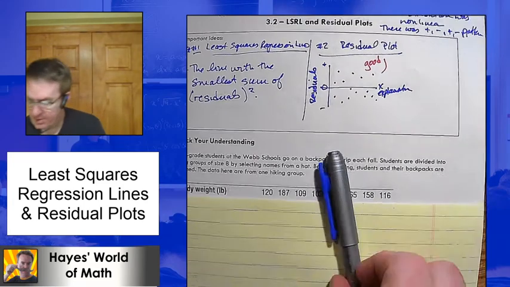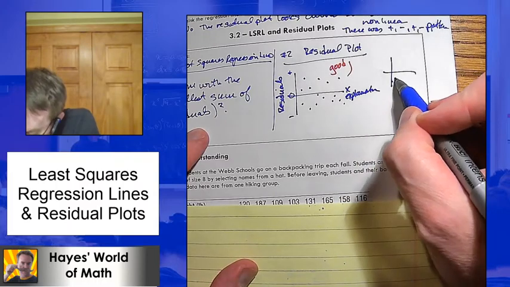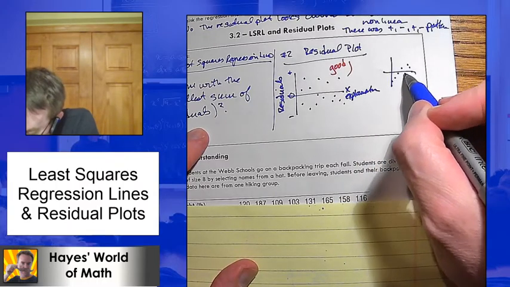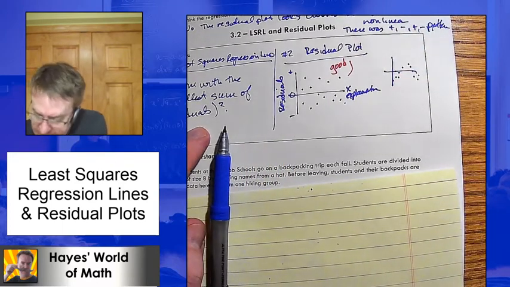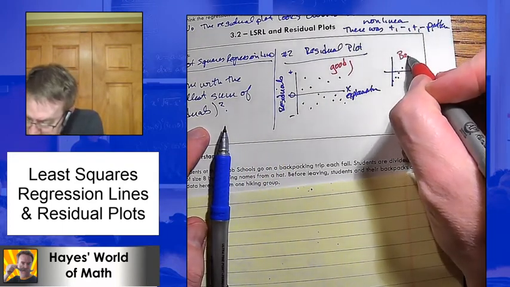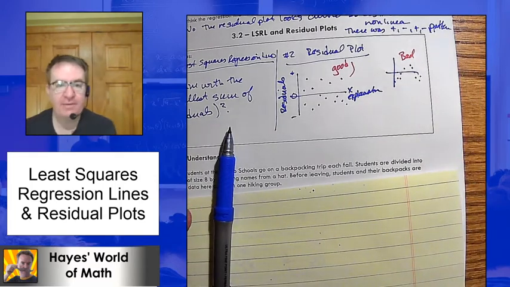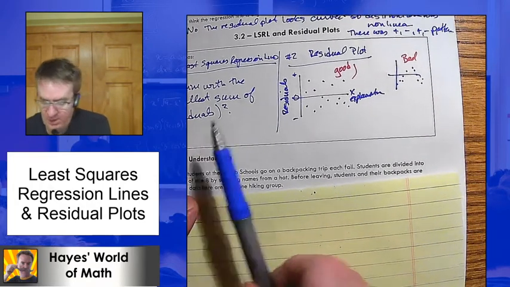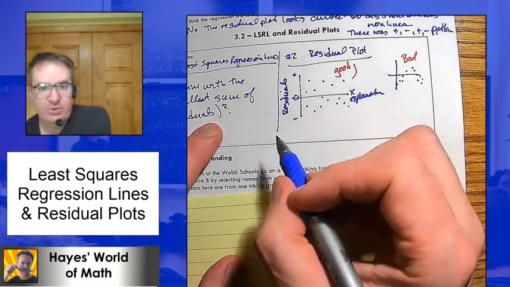A bad plot has a pattern. So this is bad. And before you in the back ask, yeah, if this was reversed, it would still be bad. So we want the residual plot to show a random scatter, no pattern.